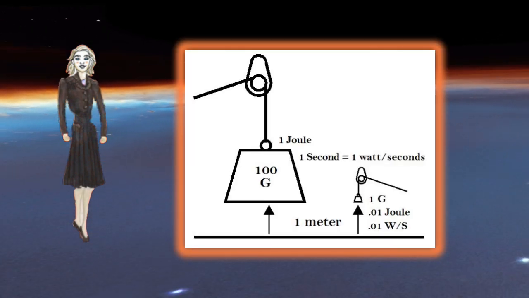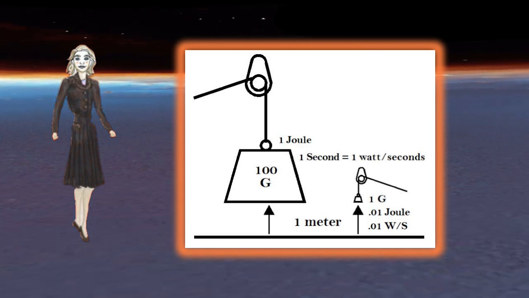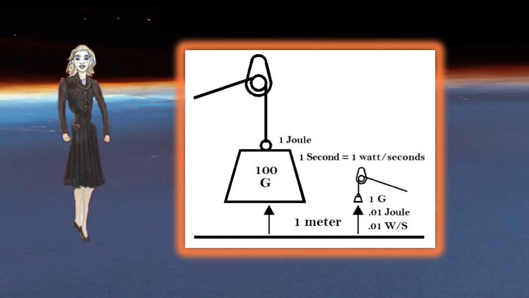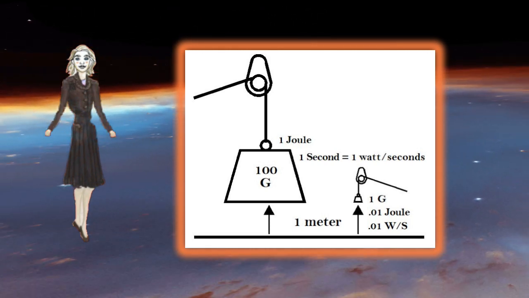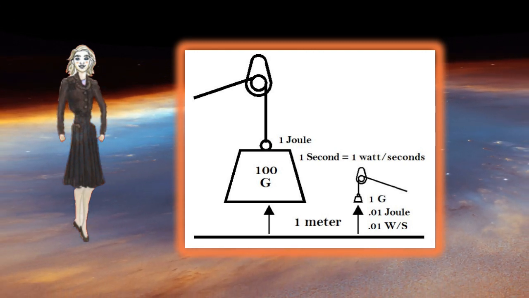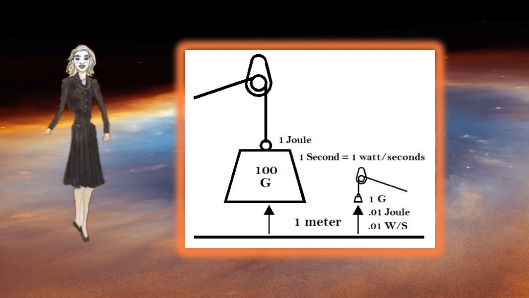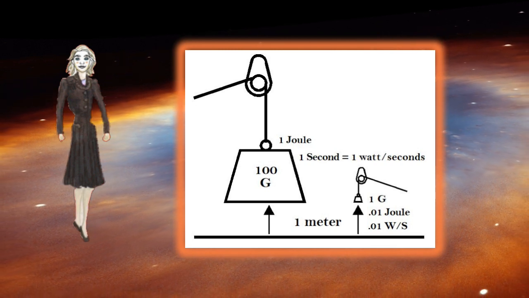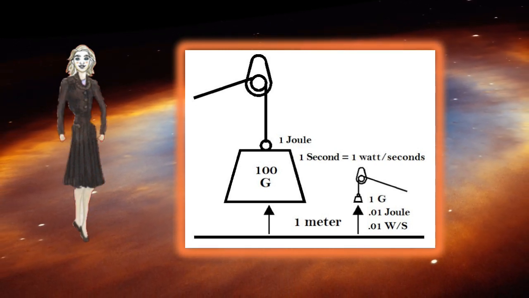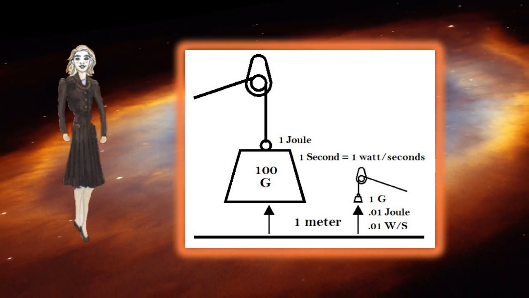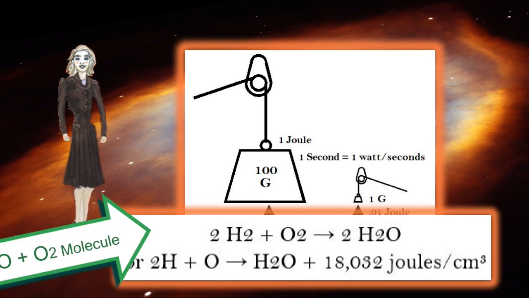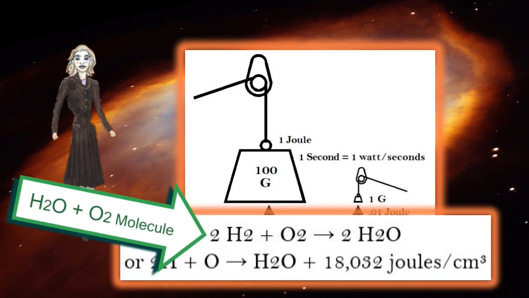The joule is a measurement of energy, which is equivalent to 1 watt-second. You should be familiar with watts because your electric bill is measured in kilowatt-hours. 1 kilowatt-hour is 3,600,000 watt-seconds, or joules. Also notice that the first equation uses molecules, not atoms.